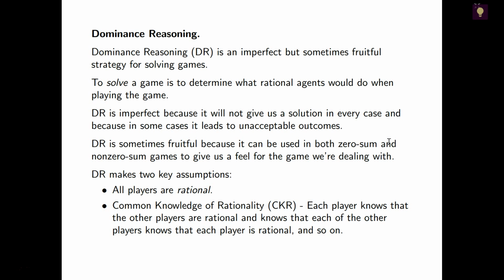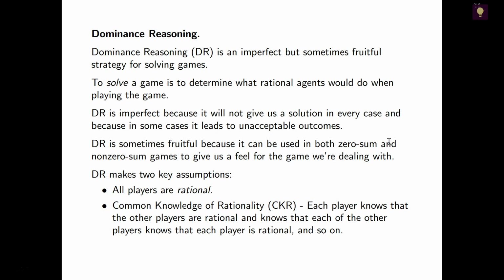DR is an imperfect but sometimes fruitful strategy for solving games. To solve a game is just to determine, as we said, what rational agents would do when playing the game. DR is imperfect because it will not give a solution in every case, and because in some cases it leads to some unacceptable or strange outcomes.